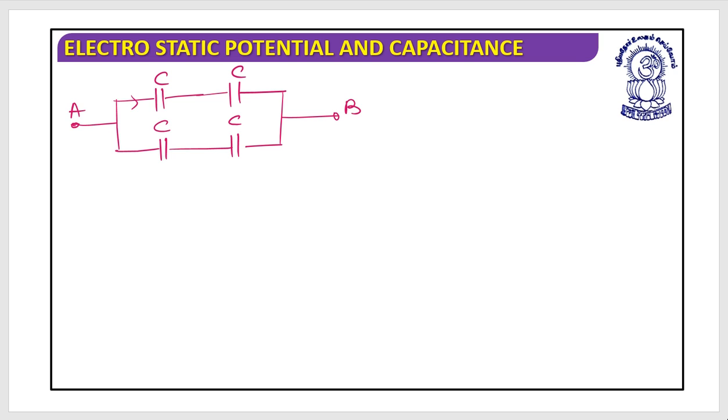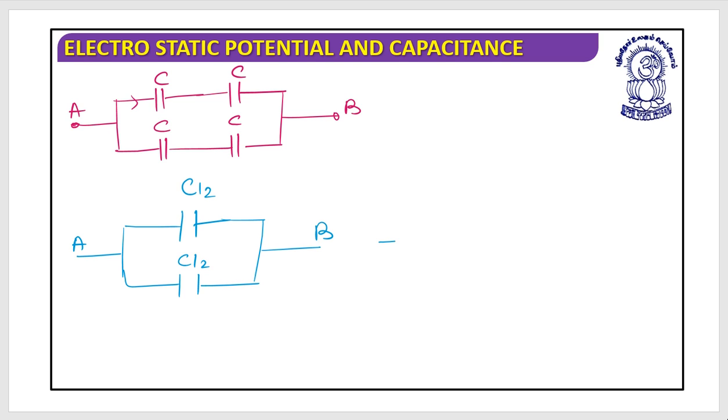If I make a simplified diagram, C and C in series gives C square divided by 2C, so it would be C by 2. And just simply add these. C by 2 plus C by 2 will give me C. This is my final answer.